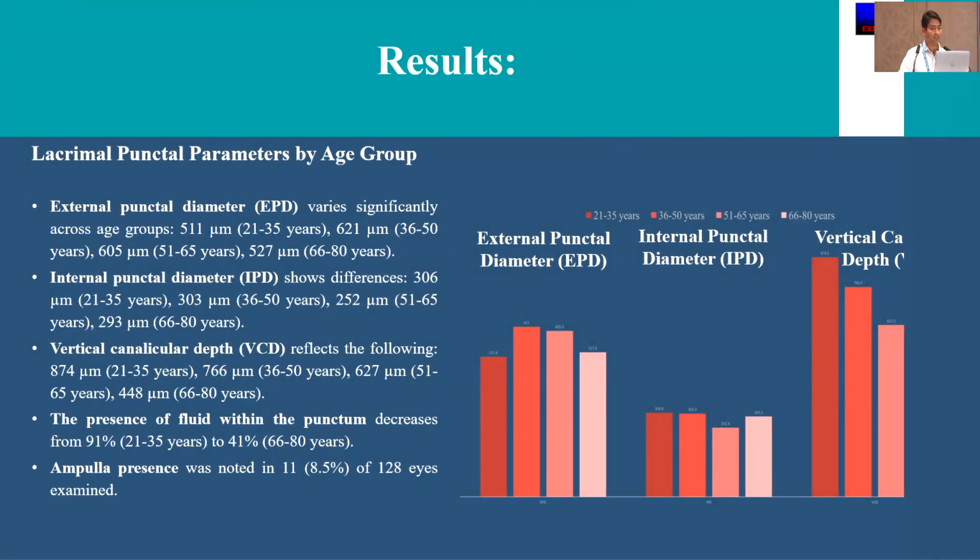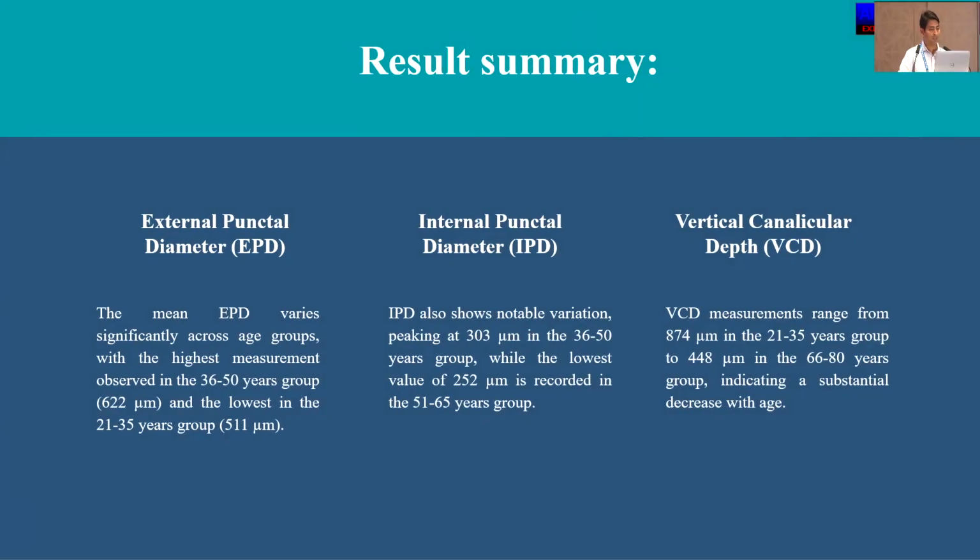Coming to the results, the external punctum diameter, the mean EPD varies significantly across age groups, with the highest measurement observed in the 36 to 50 years age group, that is 622 micrometer, and the lowest in the 21 to 35 years age group, that is 511 micrometer.